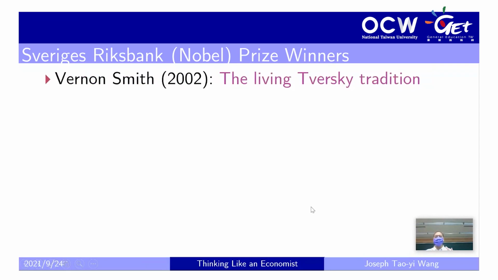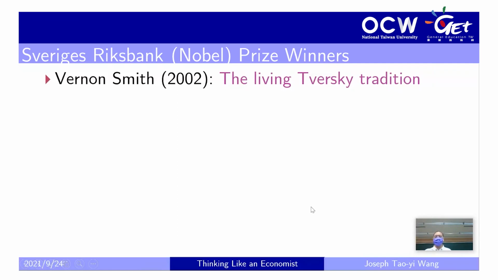So the first Bank of Sweden Prize in memory of Alfred Nobel in economics for experimental economics went to Vernon Smith. He's called the living tradition, the living Tversky tradition. Amos Tversky should have won the prize with him. Amos is a psychologist, but he died before that.